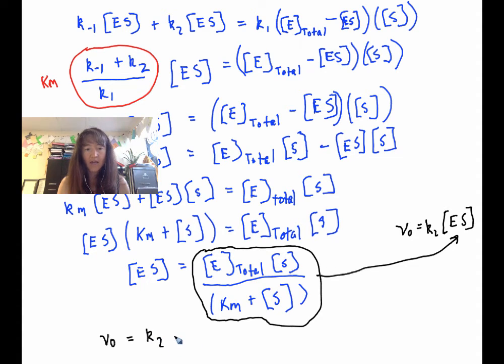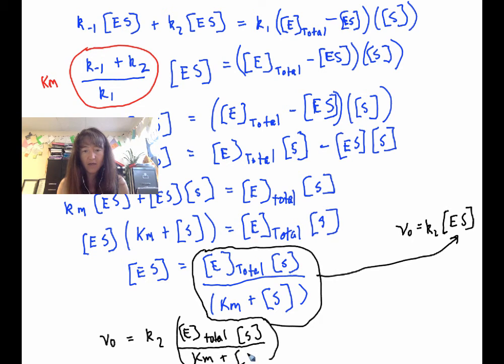So initial velocity is equal to k2 times this entire jazz right here, right? Enzyme total times substrate over Km plus substrate. And that's starting to look pretty great.